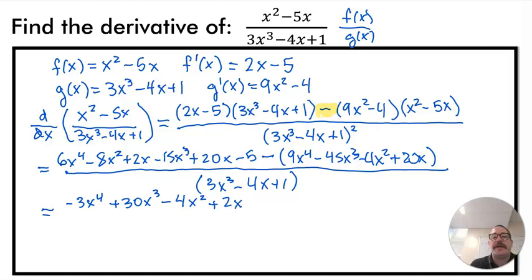And then I've got negative 5, and that is my only constant term. So there's our nice looking polynomial up there.